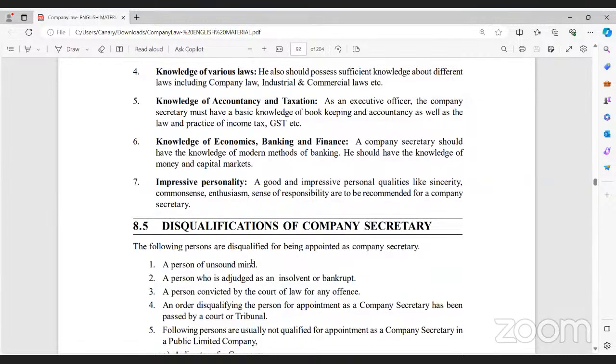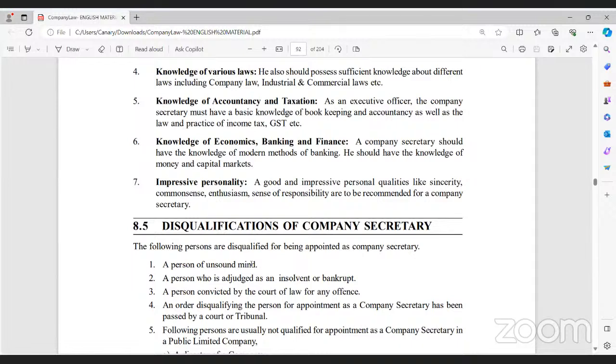Accounting and taxation knowledge, GST law. And economic and banking knowledge: different economic changes, economic conditions of various countries and our country, the banking methods and new trends taking place in banking, finance, knowledge of money and capital markets.